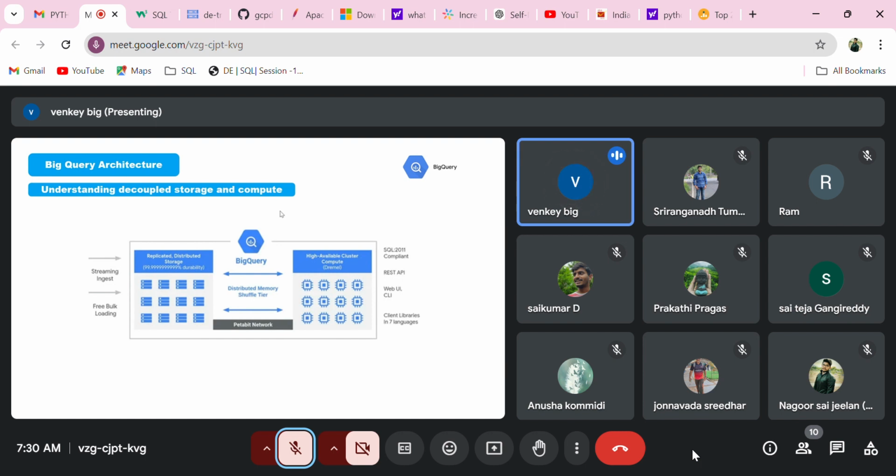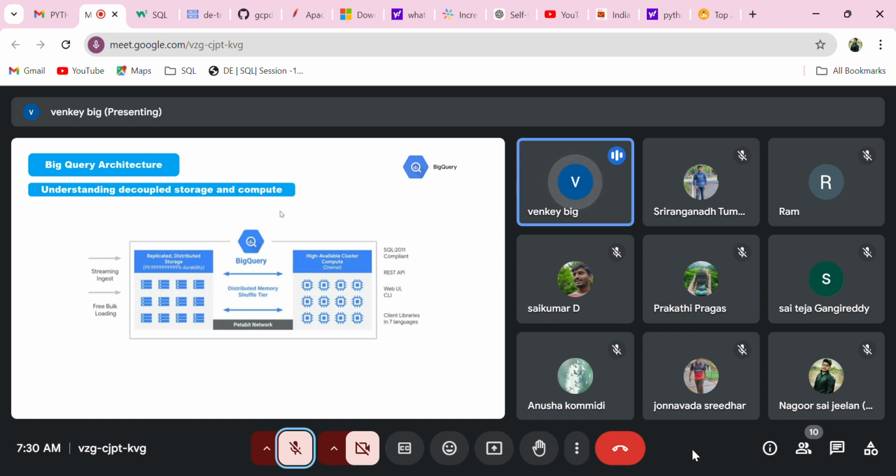So the execution engine and the compute and then the storage, and there should be something which can be connected with the storage and compute, right? So that is what we call the network, the network protocol.